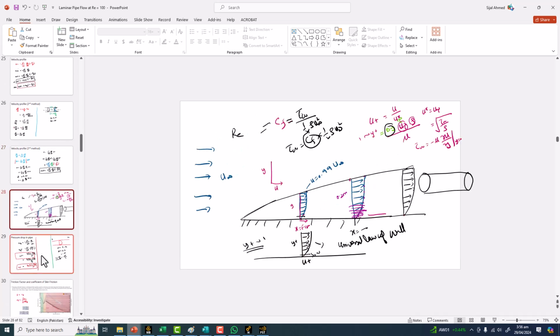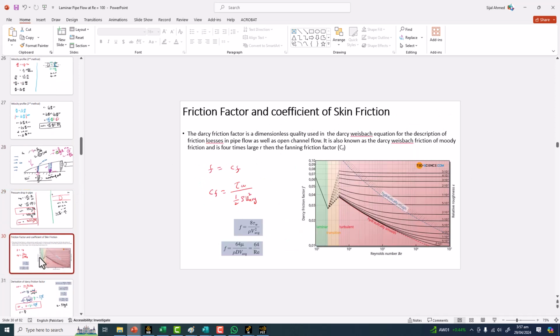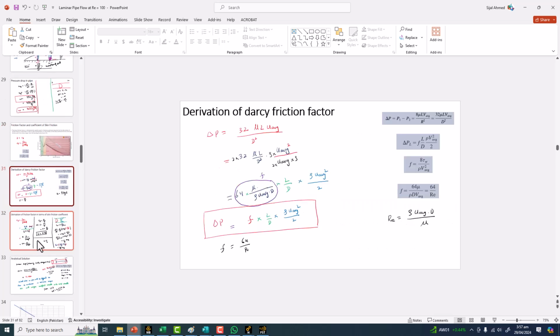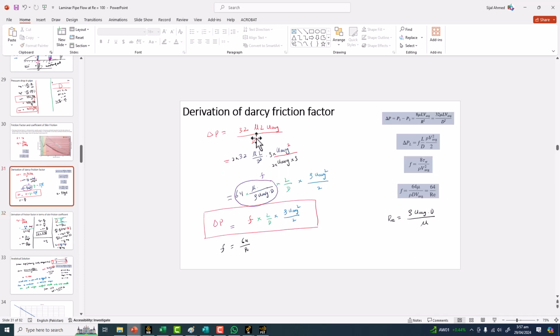And the velocity profile, the Cf, everything is derived here, and all the formulas like the Darcy friction factor are also derived in this course. This is the way we derive the Cf, f. So f is derived over here.